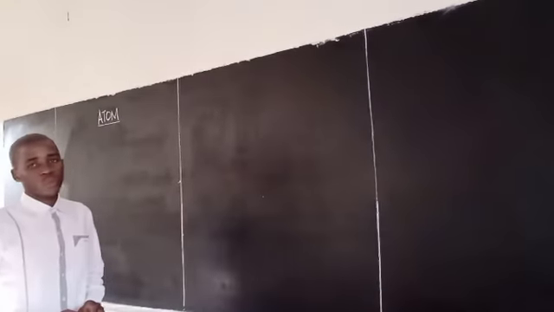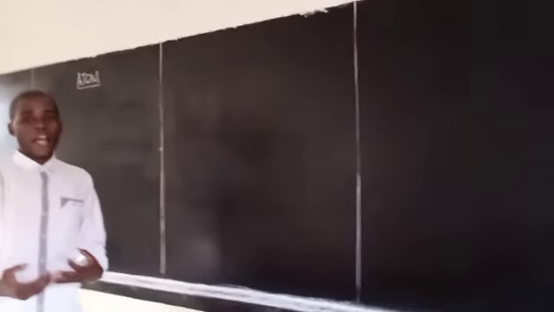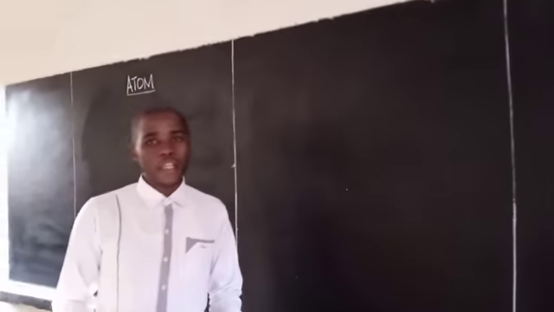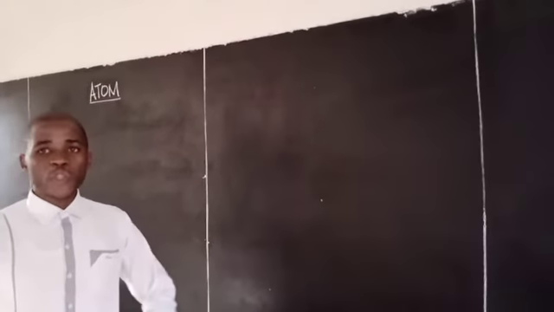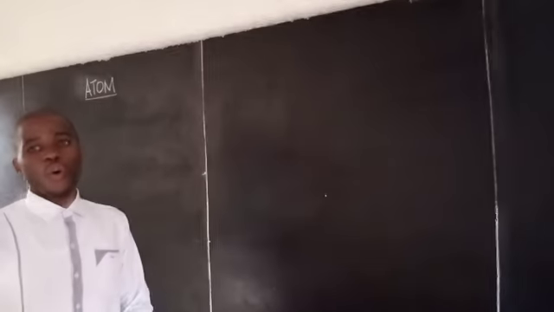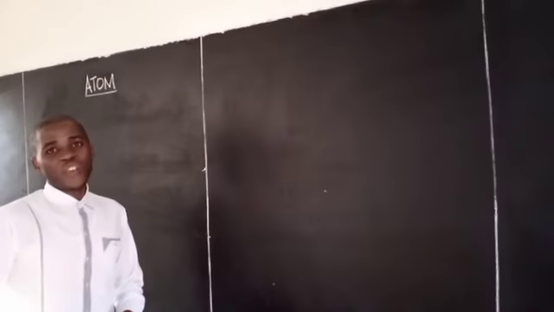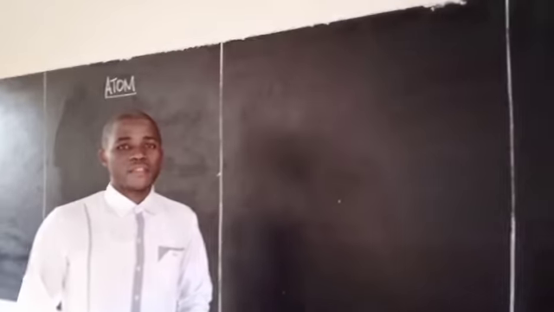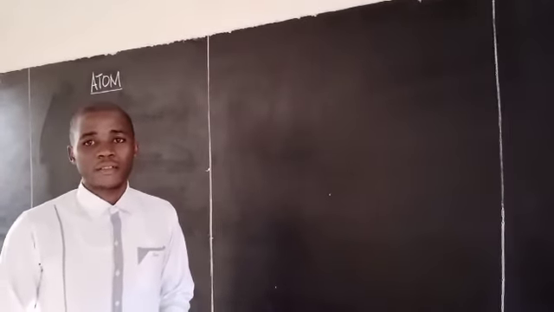Today we are going to learn what an atom contains. We are going to learn how to define an atom, and we are going to expound this information which we studied in primary schools to know what an atom can help us to do. In integrated science, we learned that an atom is the smallest unit of matter.